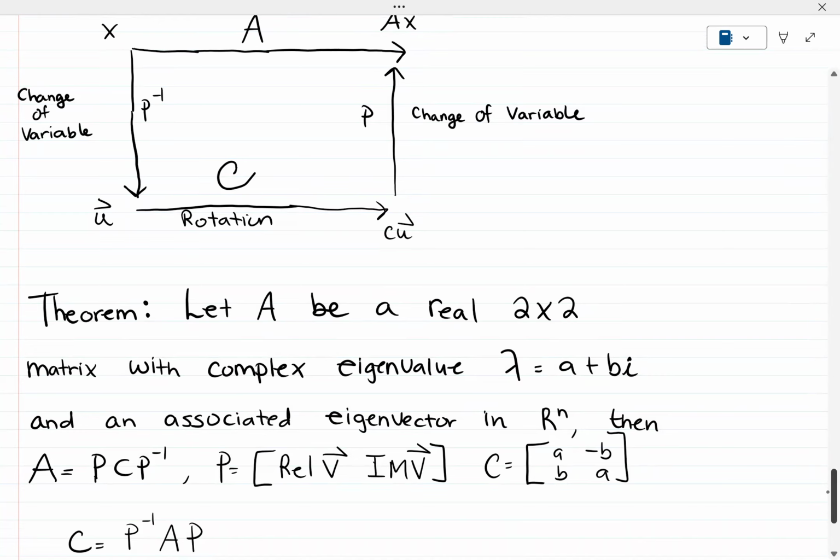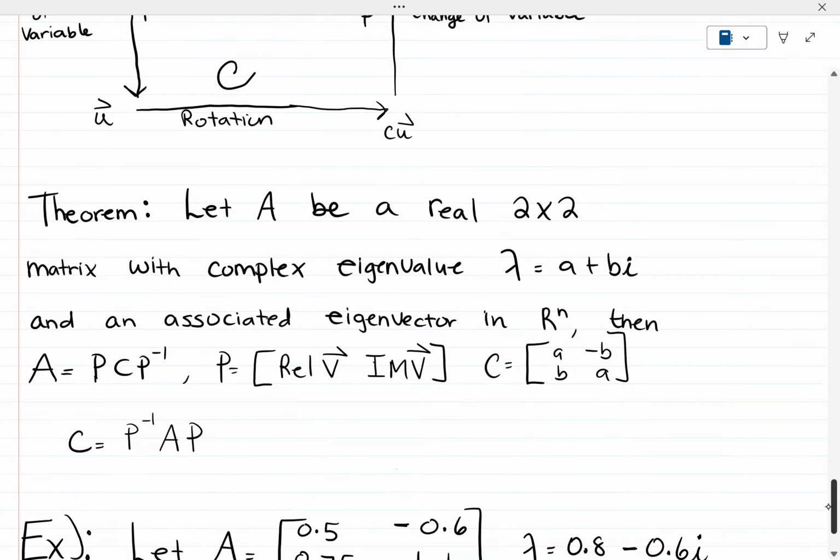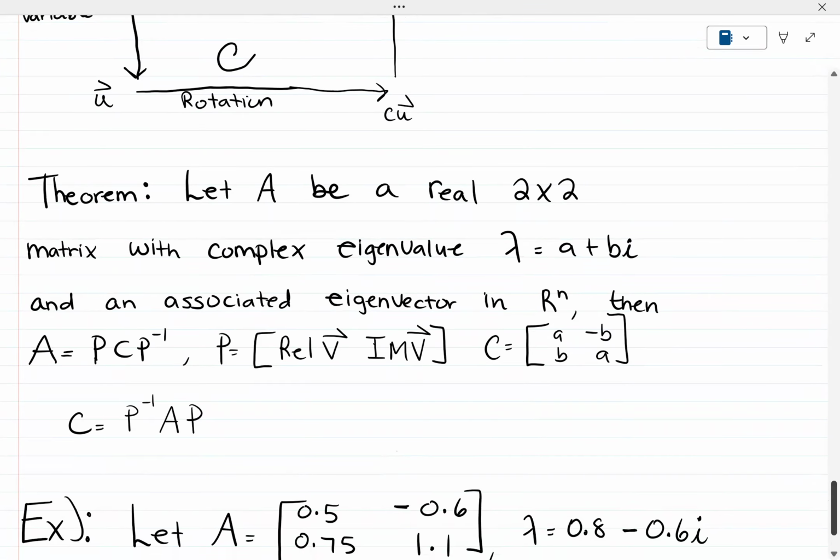Then A equals P C P inverse, where P is equal to the real part of vector v and the imaginary part of v, and C equals the 2 by 2 matrix (a, b; negative b, a). Go ahead and copy that down. We'll go over one example, and then C equals P inverse times A times P. If you need to pause it, that's fine.